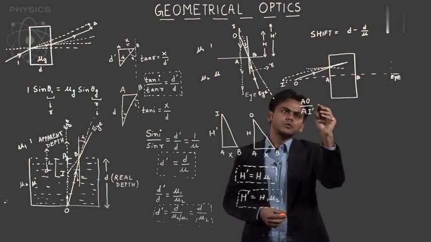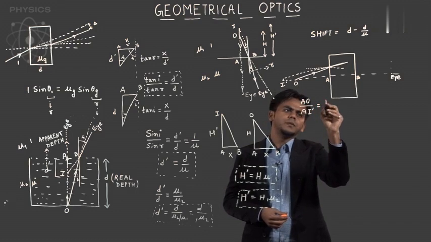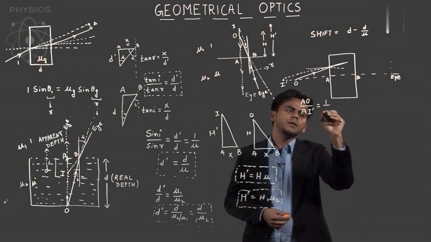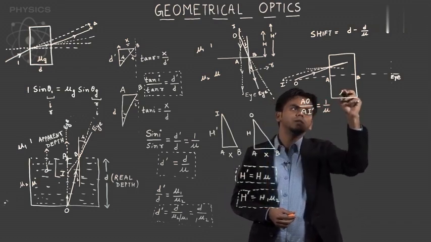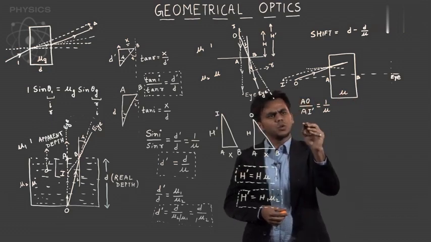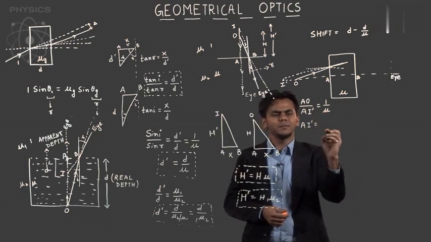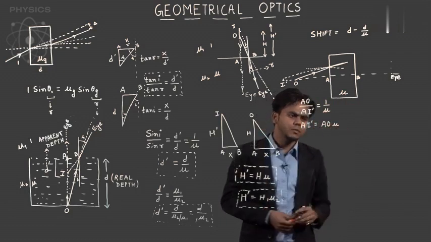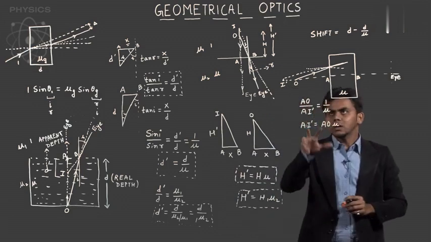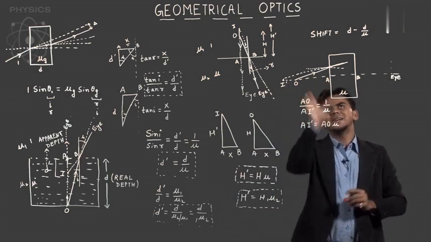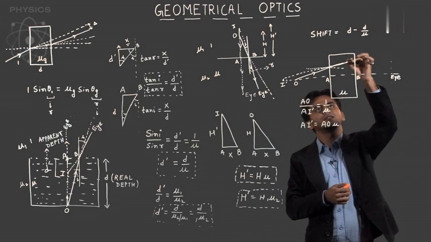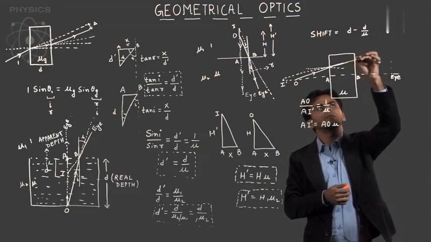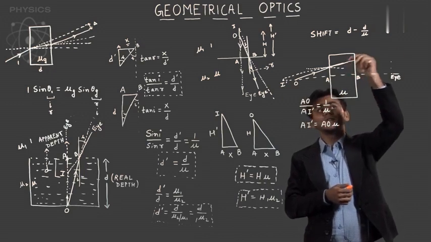This would be equal to 1 by mu of this glass slab. So what is AI prime? This is simply AO times mu. Now, this forms the basis for refraction at this surface now, from a denser to rarer medium.